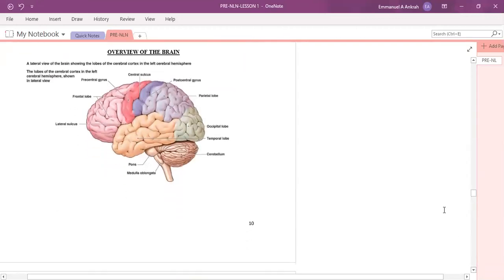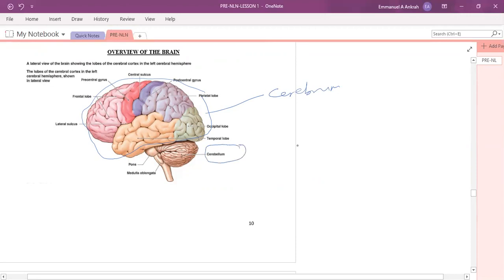is that of the brain. A quick overview of the brain. So if you look at the brain, you have the big parts here, the bulk of it, all this here is the cerebrum. And then we have the cerebellum.